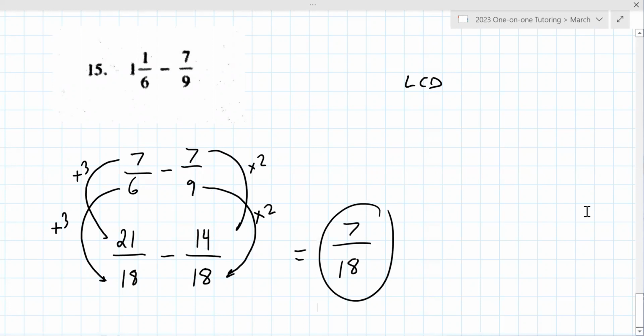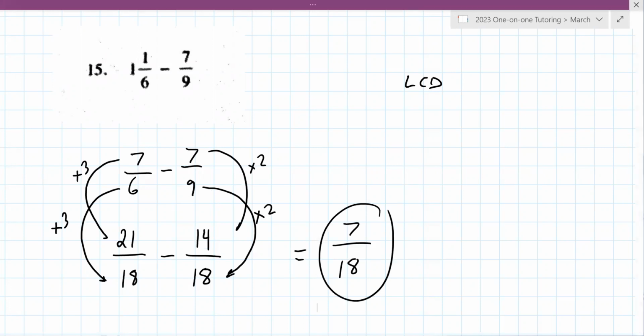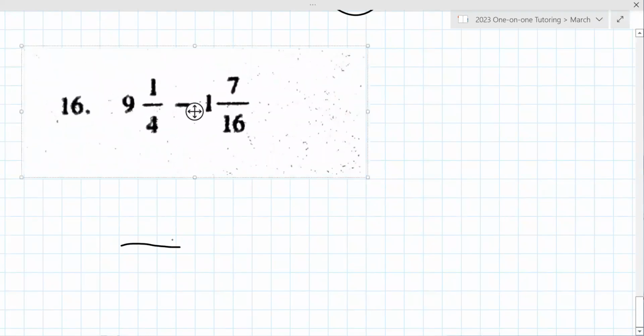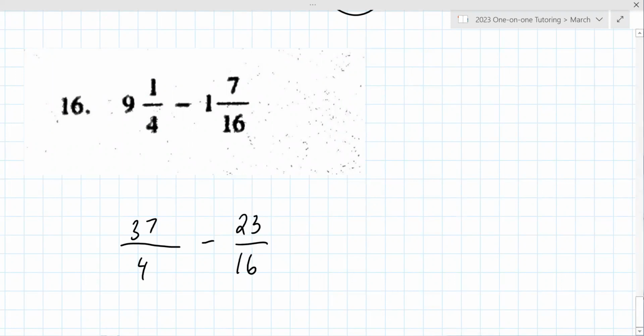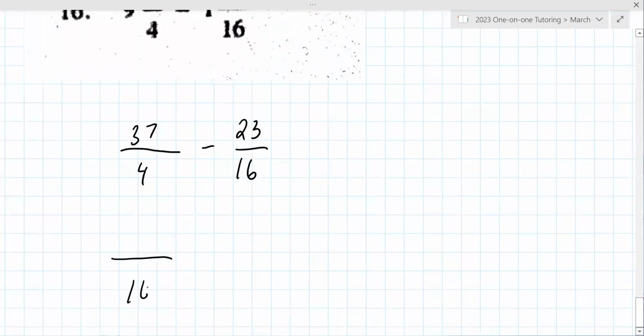Very good. Let's see if we can quickly do 16 here. All right, so the improper fraction here is 37 over 4 minus 23 over 16. Okay. And your least common denominator is going to be 16.